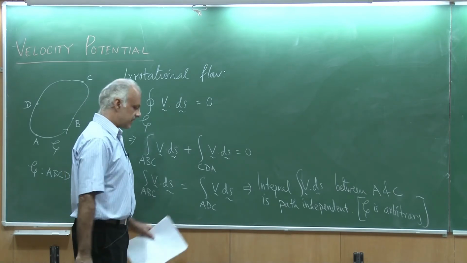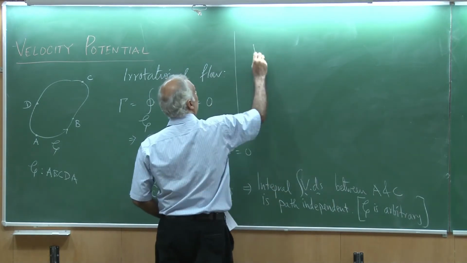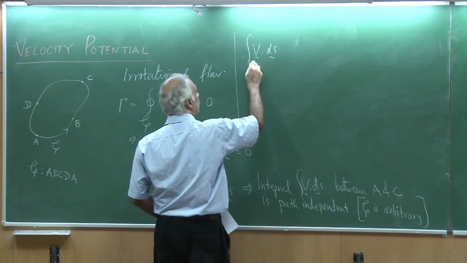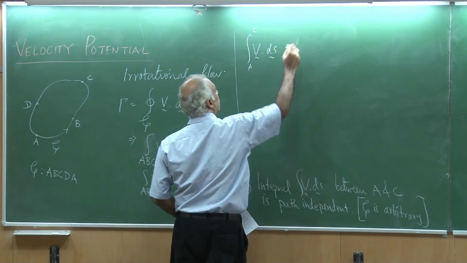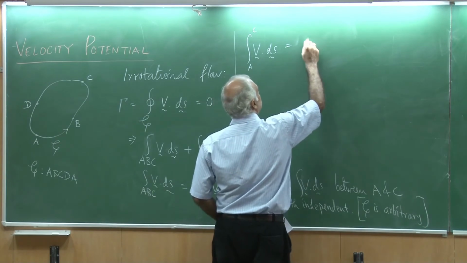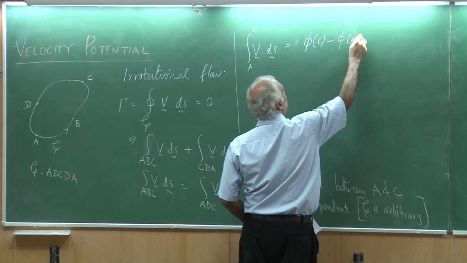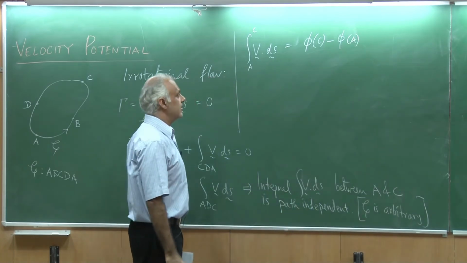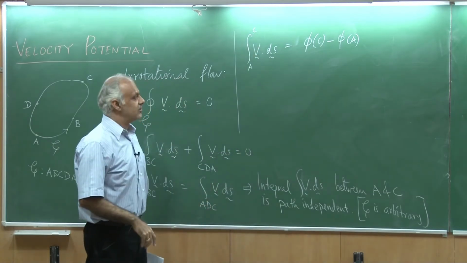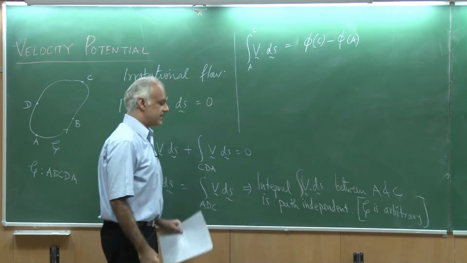So, now this leads to certain mathematical deductions, which means that the integral of V dot ds between A and C, if it is path independent, I should be able to write as some value that depends on C and some value that depends on A. Okay, because this is path independent, it only depends on the states A and C. So, therefore, I should be able to say this quantity is the difference between the two states.